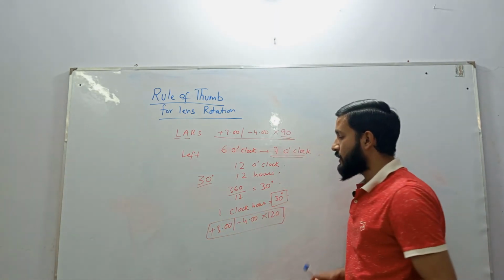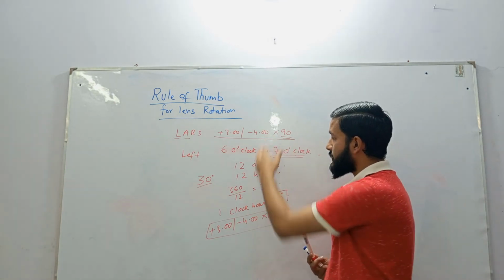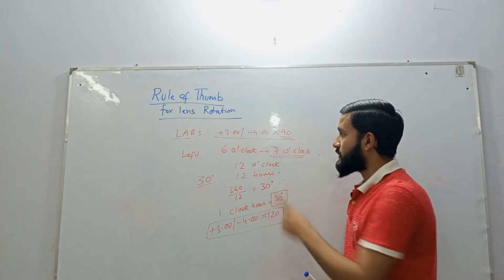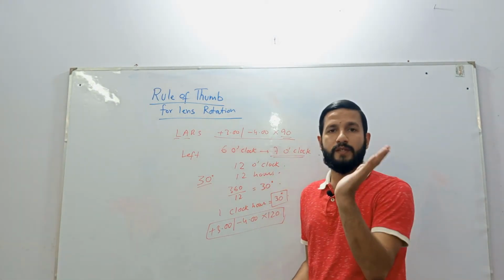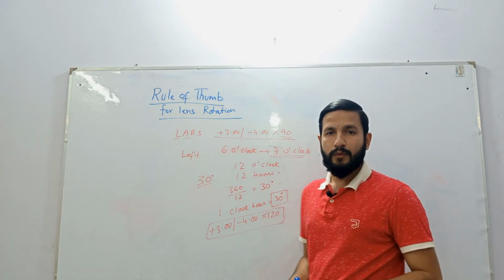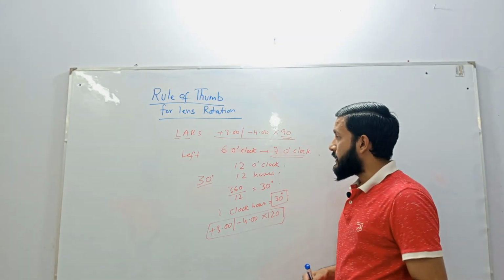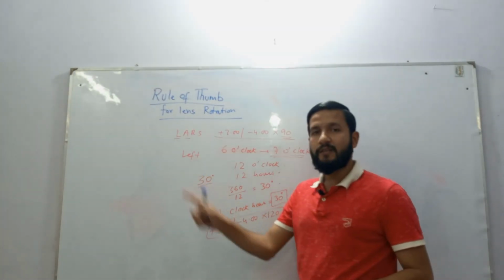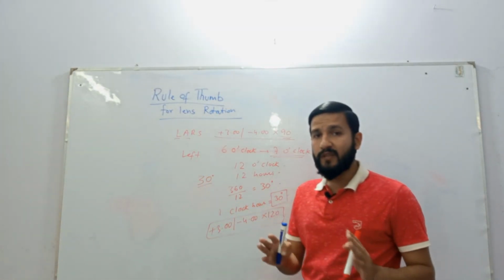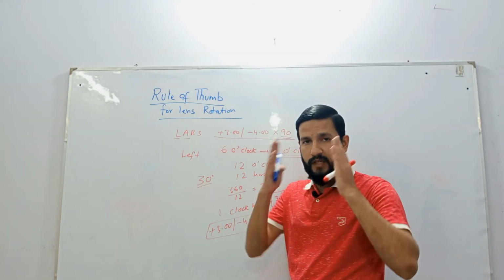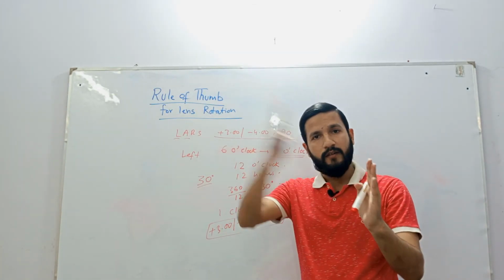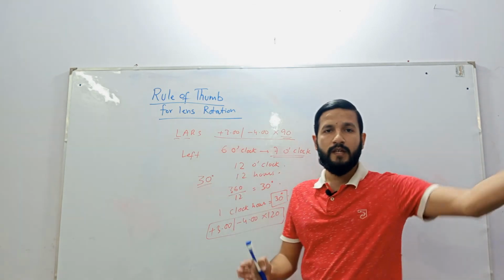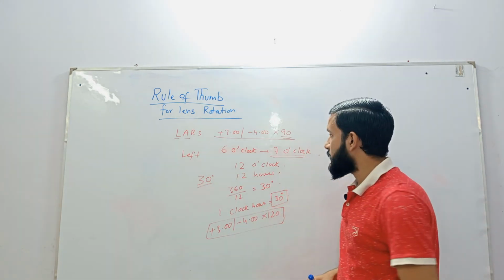So this is how the prescription changes when the 6 o'clock position mark changes, or when the lens rotates on the eye. And one important thing, when we are saying right and left, we are saying with respect to the examiner. The examiner is viewing the patient, and then right is the examiner's right and left is the examiner's left.